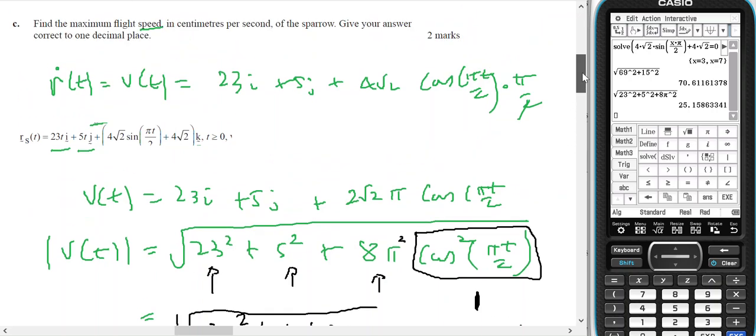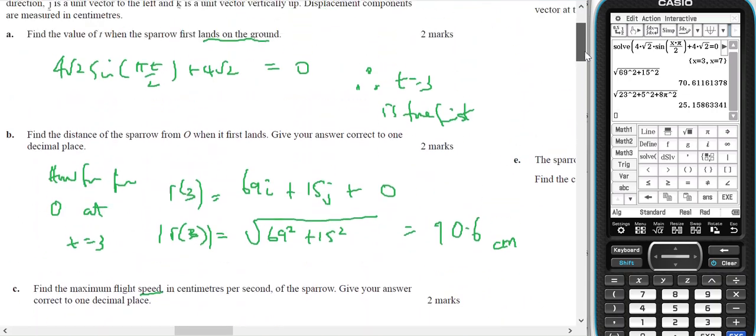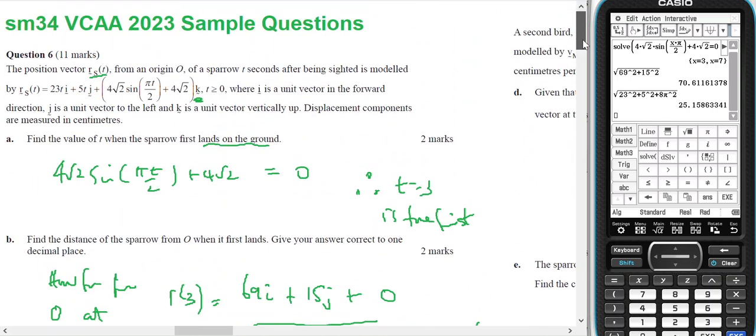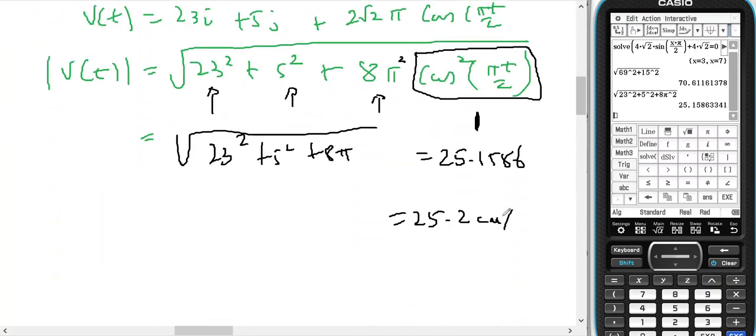I'm wanting it to 1 decimal place, 25.2 centimetres per second, I imagine. That's AB.